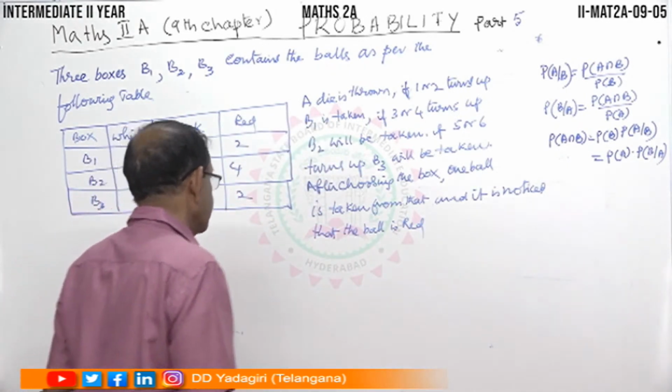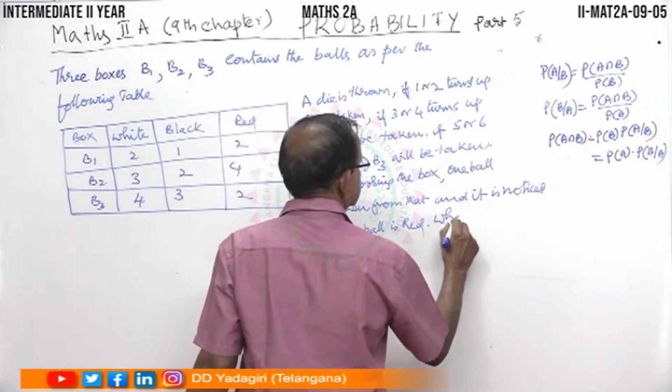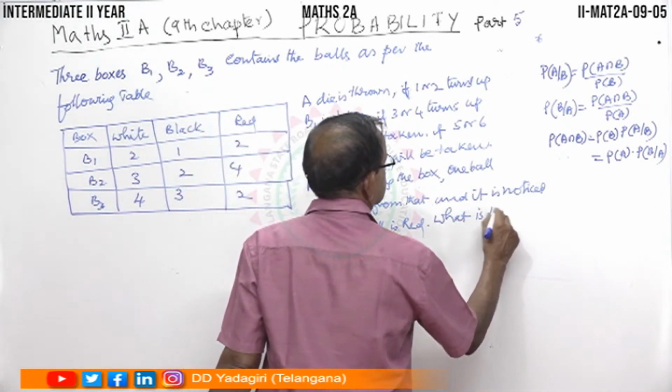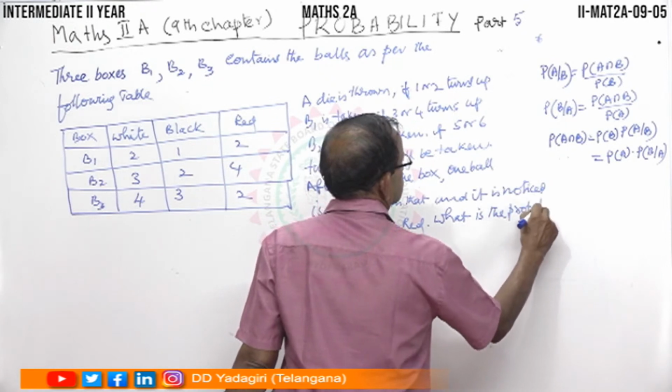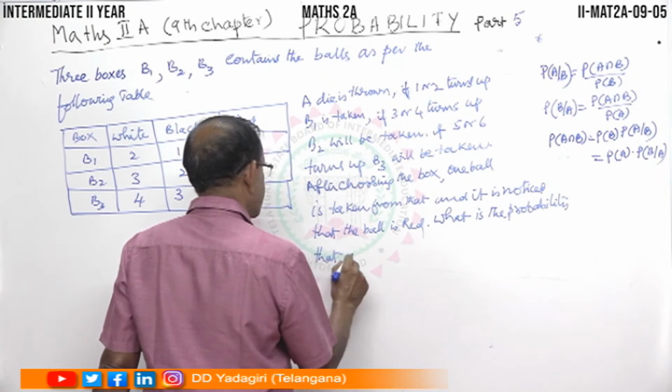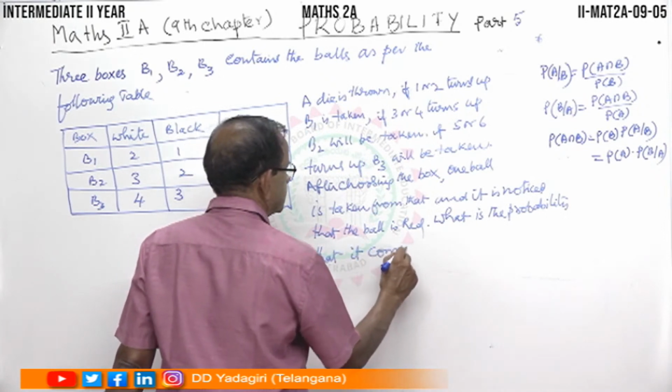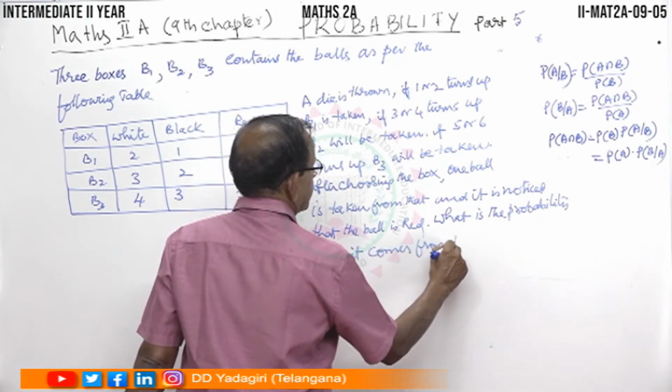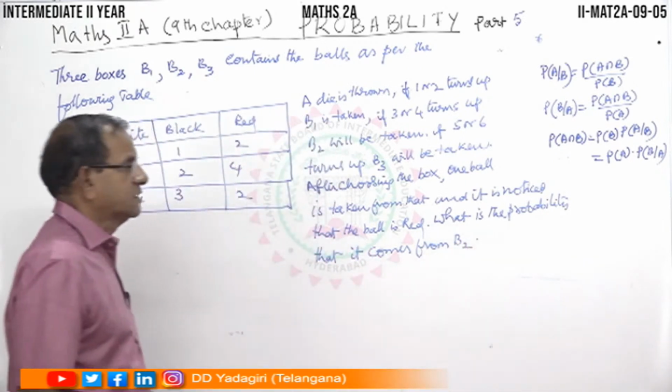What is the probability that it comes from B2, the second box?